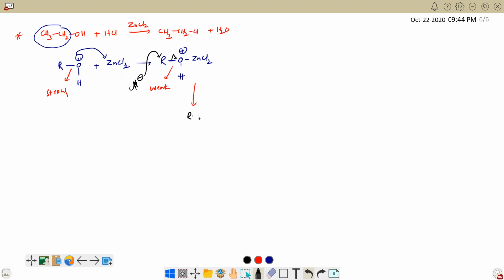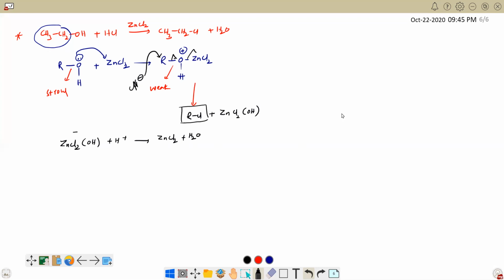So we get RCl plus ZnCl2OH minus, actually. This bond shifts here. So ZnCl2OH minus plus H plus, then finally we get ZnCl2 plus H2O, a neutral product.